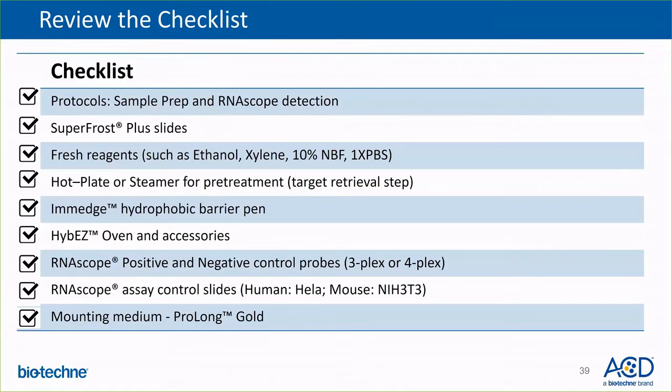Here's the checklist. On the checklist, there are some key components that will help ensure your success with the RNAscope assay. For example, using SuperFrost Plus slides, using the HybEZ oven, using control probes to analyze your samples, and using appropriate mounting media. For example, for the fluorescent assays, we recommend the ProLong Gold.